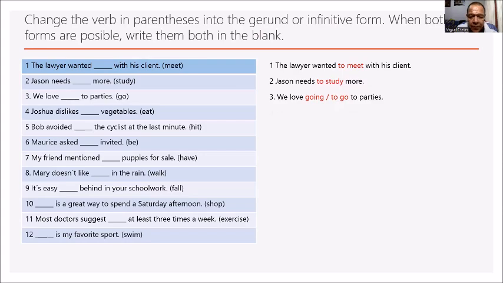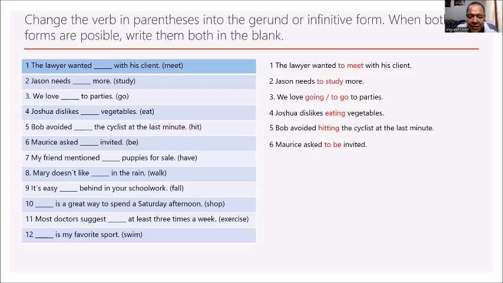Number 4. Joshua dislikes eating vegetables. Number 5. Bob avoided hitting the cyclist at the last minute. Number 6. Maurice asked to be invited.